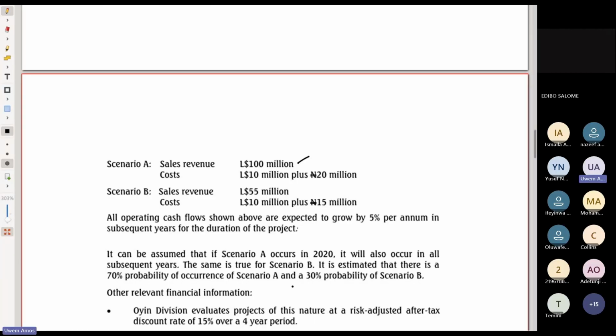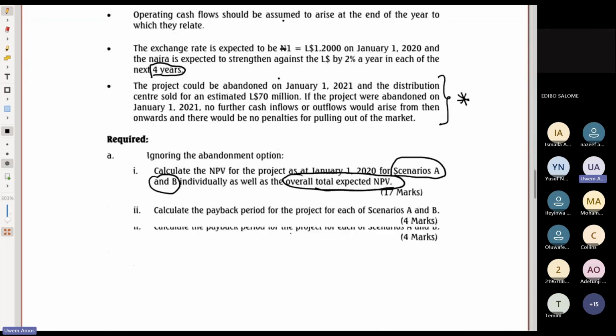Right here, it tells us what happens in subsequent years: all operating cash flow shown above is expected to grow by 5% per annum in subsequent years for the duration of the project. So our sales is expected to grow by 5% per year. What would it be in the next year?